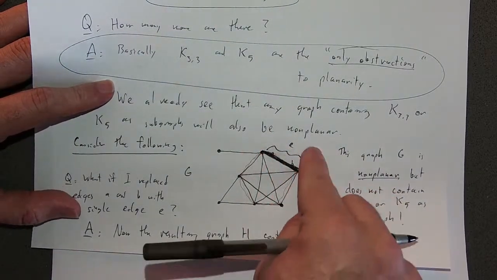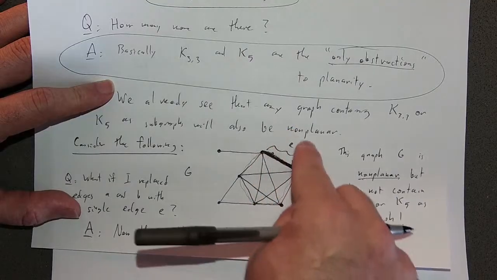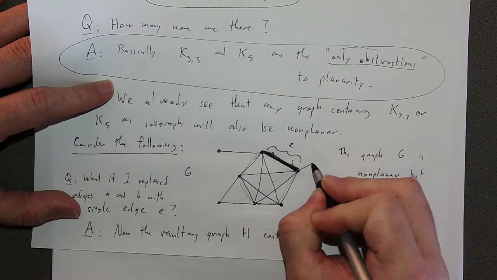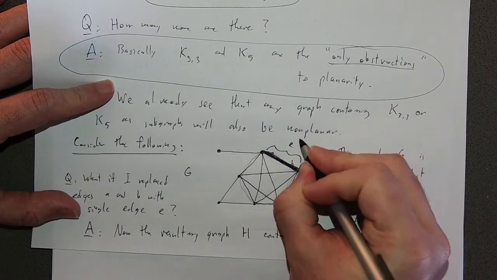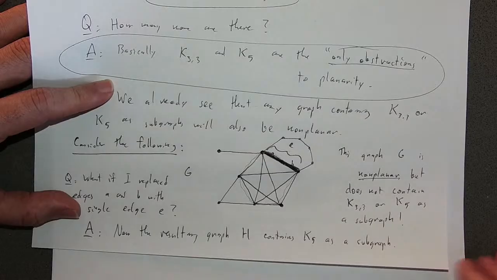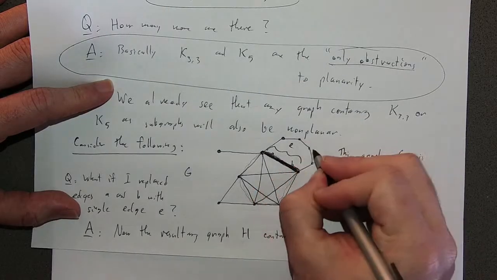I could have put 5 edges here, as long as it's a path. So another subdivision of the edge E would be E being replaced with this. It would work all the same.